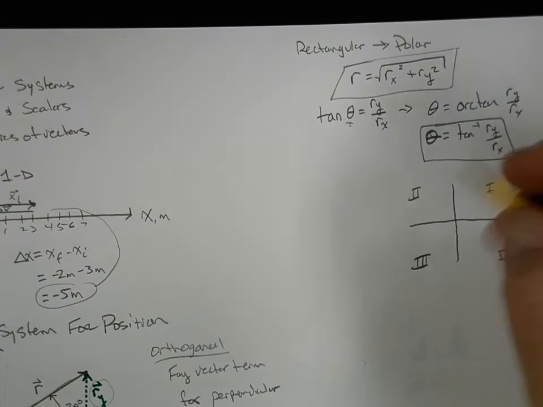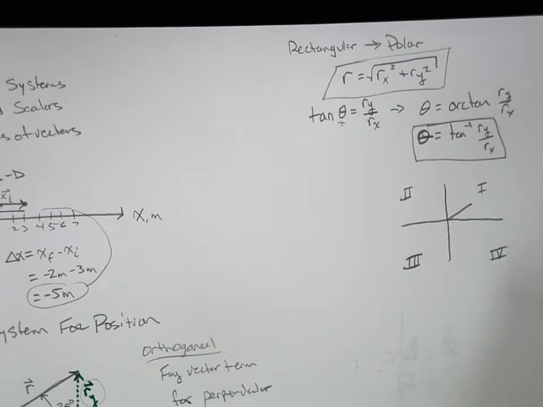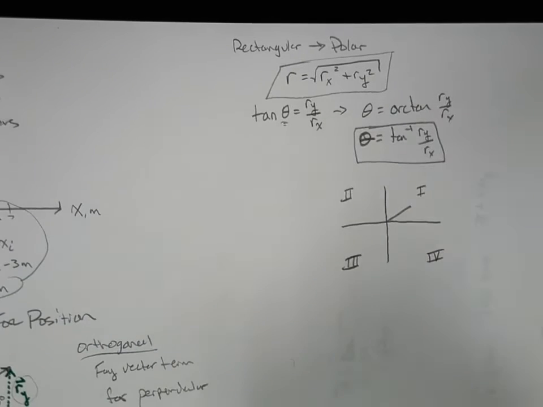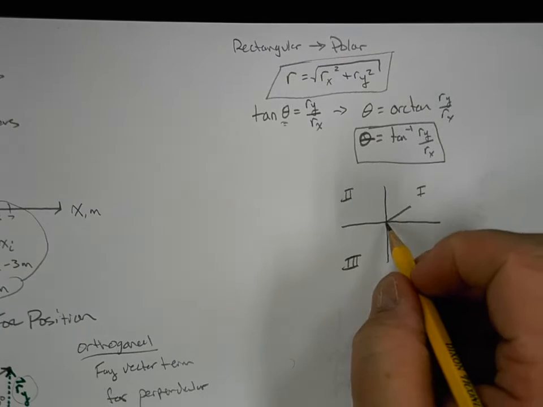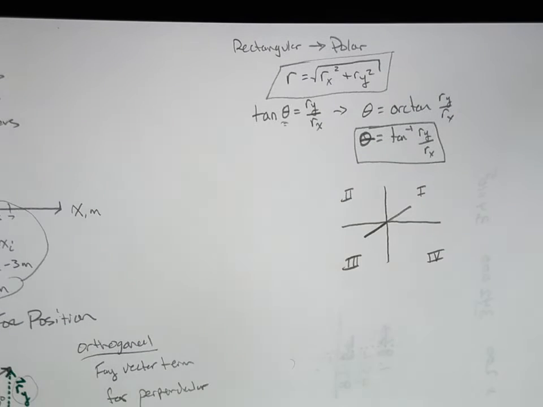And if we have this vector here in quadrant 1, that is going to give us a similar arctan as this here in quadrant 3.